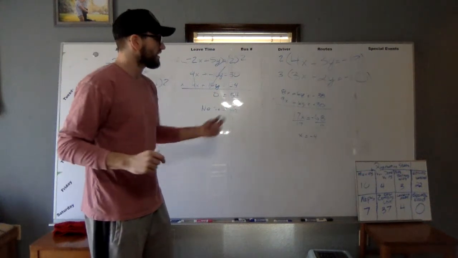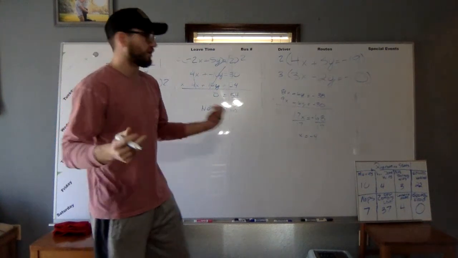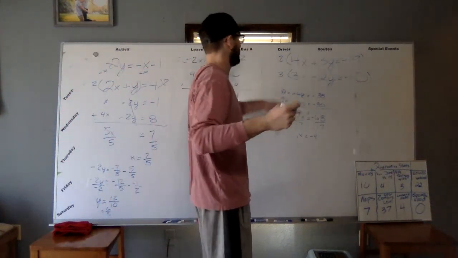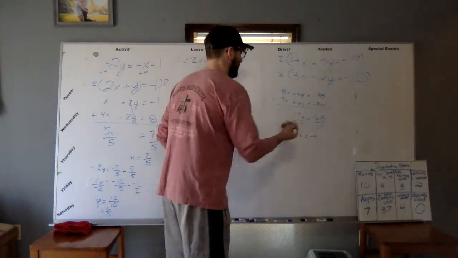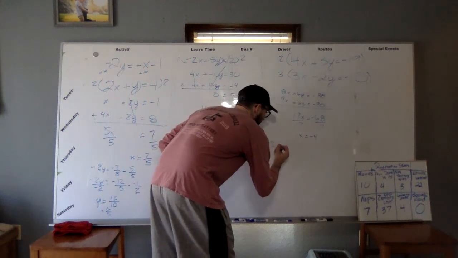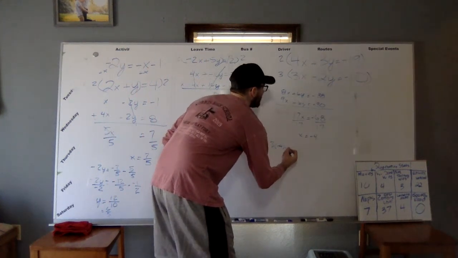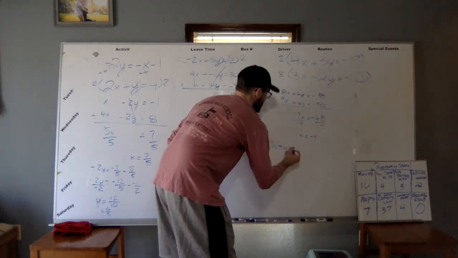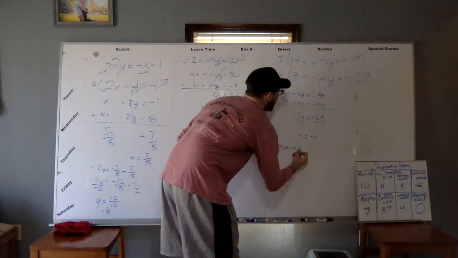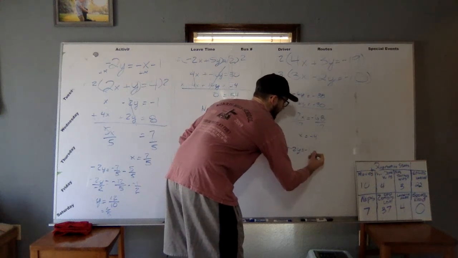Okay? Last step, I have my x value. Plug it in. So I'm going to pick this one, 50-50, your shot. Neither one of them has a benefit in my eyes. I'm going to do the bottom one, so I get 3 times negative 4 minus 2y equals negative 10.